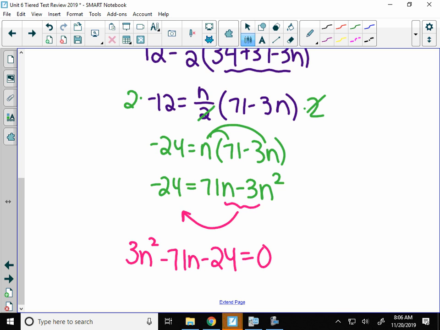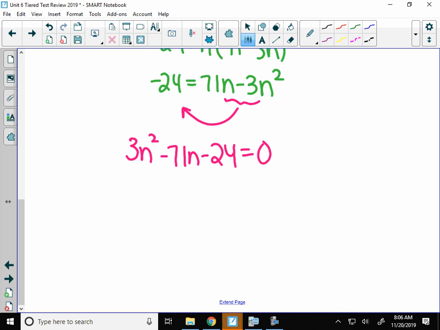Now, to factor this, there's no greatest common factor, so I'm going to use split the middle. And remember, like I said, you can use the quadratic formula here, you can use your calculator. This is good. So 3 times negative 24 is negative 72. And I need two numbers that multiply to negative 72 and add to negative 71, which is actually negative 72 and positive 1.